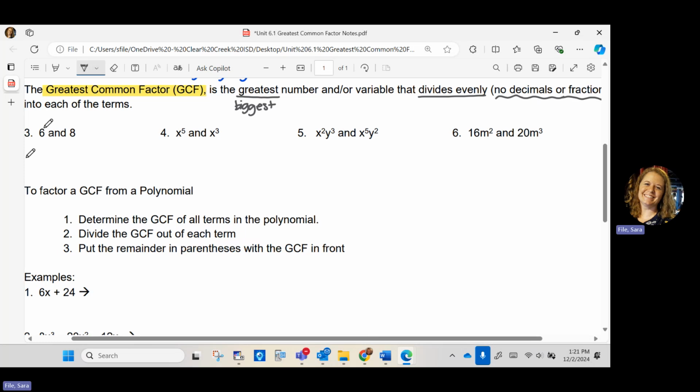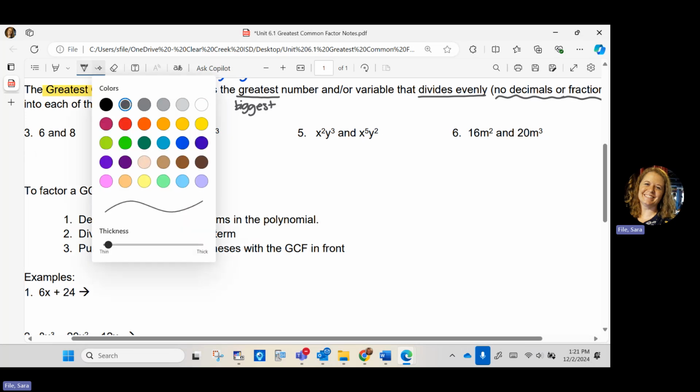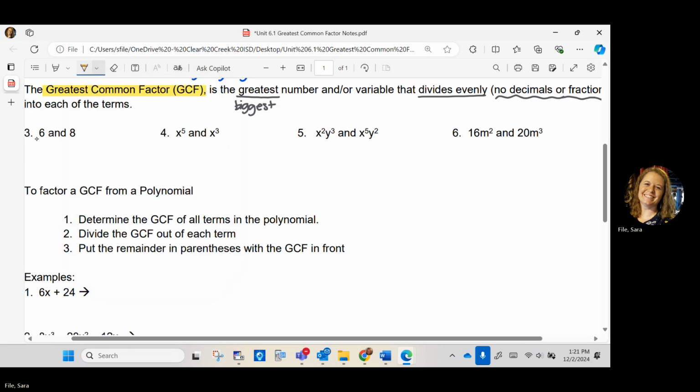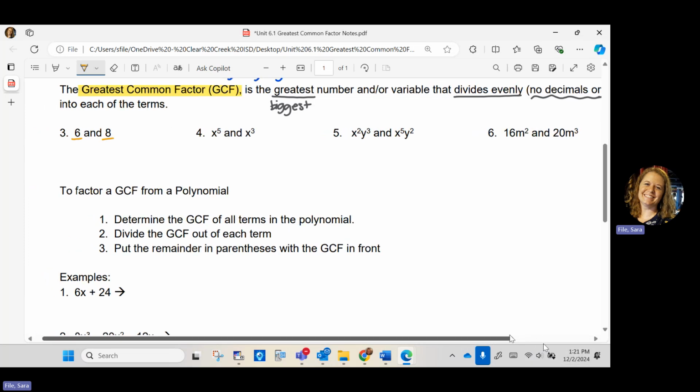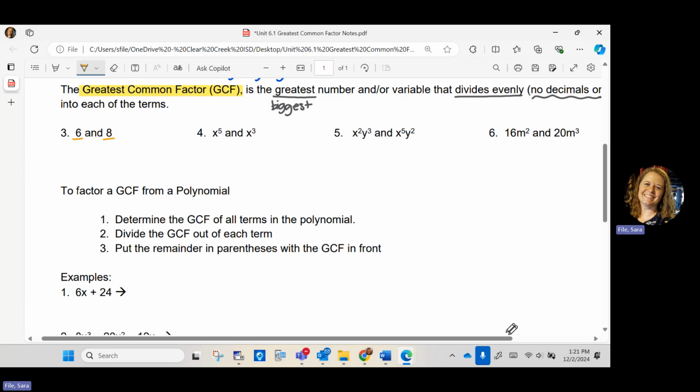Okay, so for 6 and 8, what is the biggest number that I can divide both 6 and 8 by evenly? Divide evenly means I don't want a decimal or a fraction answer. What can I divide both of those by? If you don't know off the top of your head, you can list the factors. So what are the factors of 6?